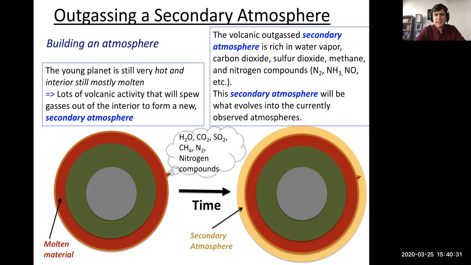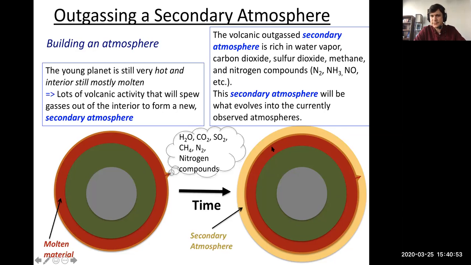And notice that these have things like oxygen, carbon, nitrogen, heavier elements, heavy enough for our proto-Earth and our proto-Venus and our proto-Mars to hang on to them. So we will volcanically outgas a second atmosphere, a so-called secondary atmosphere.